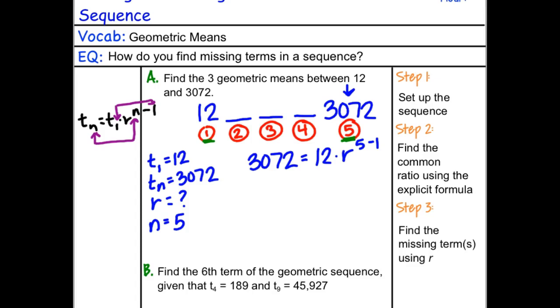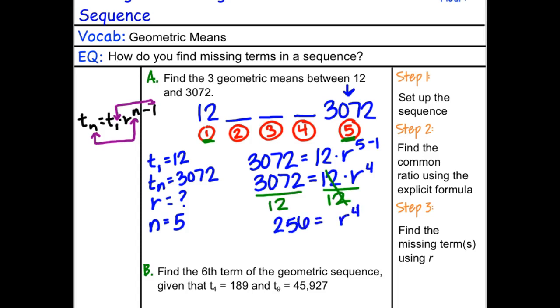So first we have to solve this. I'm going to rewrite this first. We have 3072 equals 12 times r to the fourth, because 5 minus 1 is 4. So we will divide both sides by 12. And that gives us 256 equals r to the fourth.